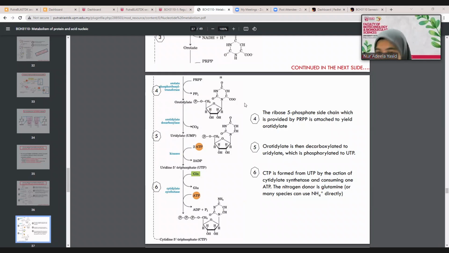Certain books use orotidylate, certain books use OMP. This reaction is catalyzed by orotate phosphoribosyltransferase. Basically, it transfers the phosphoribosyl to link to the orotate, and releases inorganic pyrophosphate.